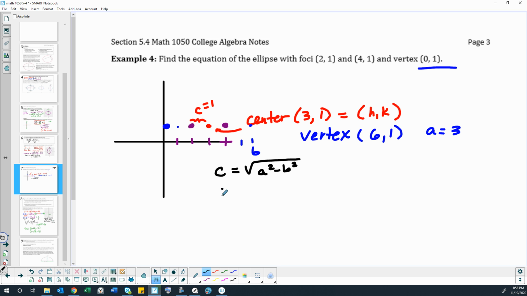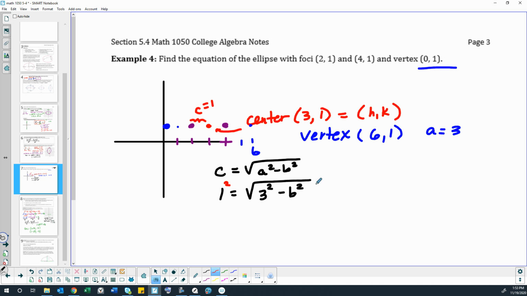So throw in our numbers, we know c is 1. We have the square root of 3 squared minus b squared. I just realized something that I did wrong when I did this in class, because I put a 6 here instead of a 3. So make note of that.